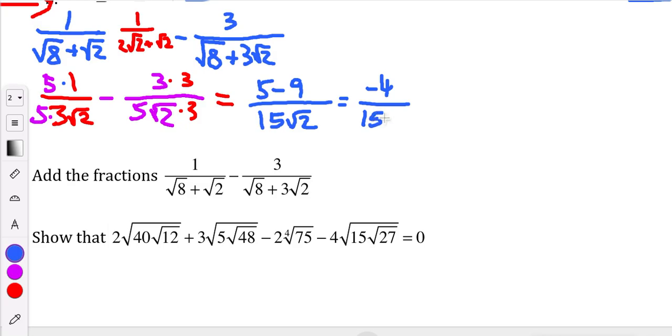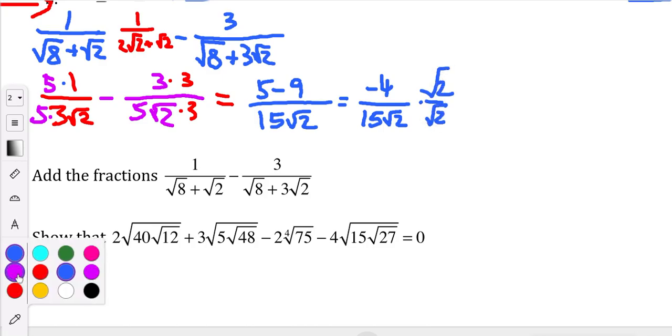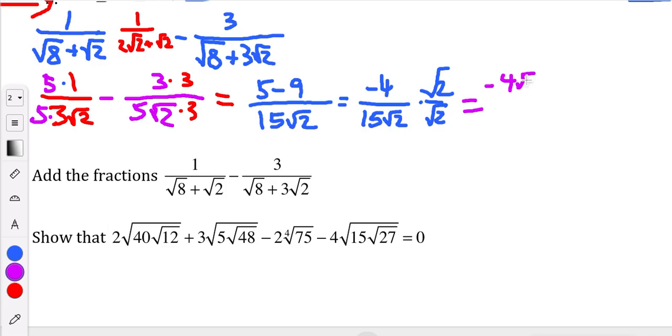And yes, we do have to get rid of that radical. So we will do that now. And that then becomes minus 4 root 2 over 30. And lo and behold, they're both divisible by 2.